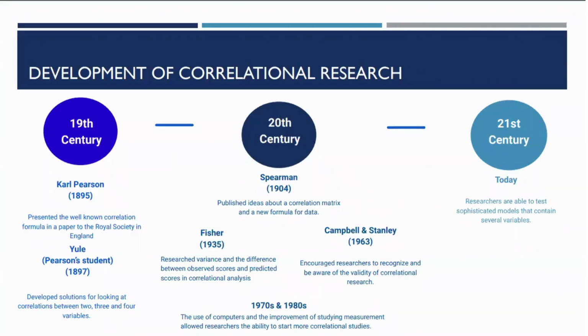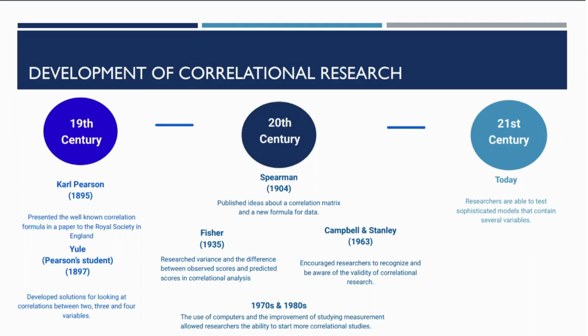So correlational research has developed over time. Over the last few centuries, as statisticians learn and develop more sophisticated methods to interpret test scores, a well-known biometrician, Karl Pearson, paved the way in the 19th century with his well-known correlation formula that is still utilized today.